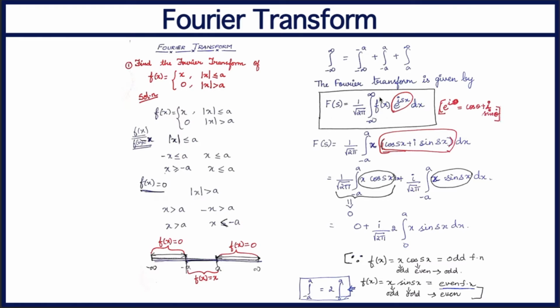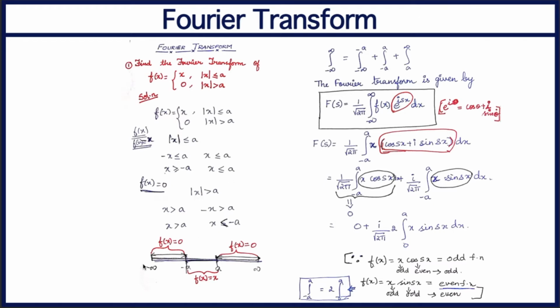So now for that, as we have known that minus infinity to infinity is changed like this, from minus infinity to minus a, f of x is equal to 0. Right, so this part will not be there. When f of x is equal to 0, the whole thing becomes 0.